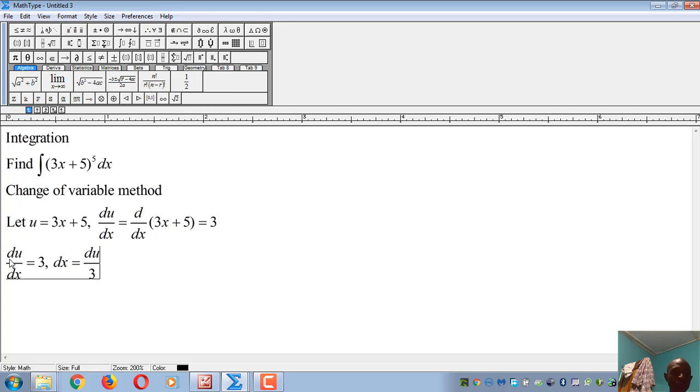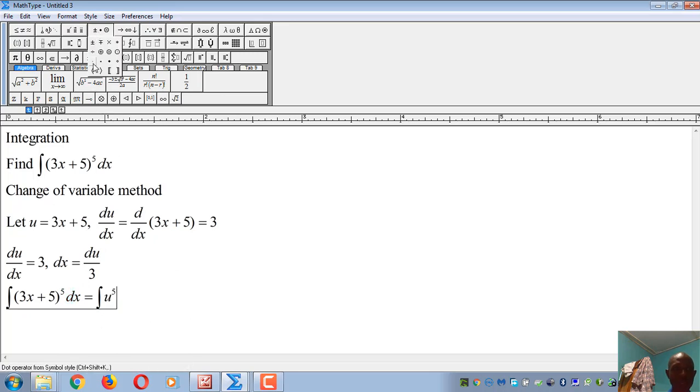Now once we have done this, you can replace. I will now say this is my u raised to the power of 5. Instead of writing dx, I'm going to write du over 3, because dx is equal to du over 3.